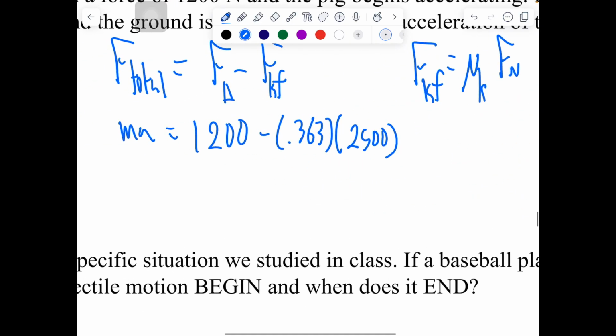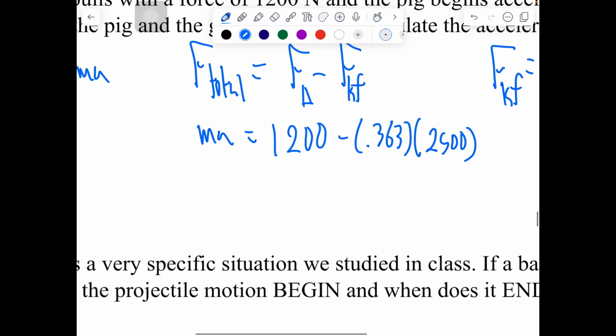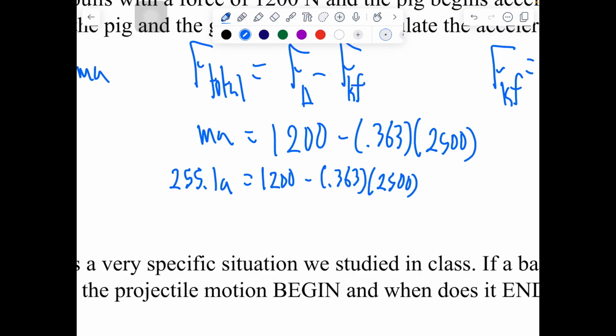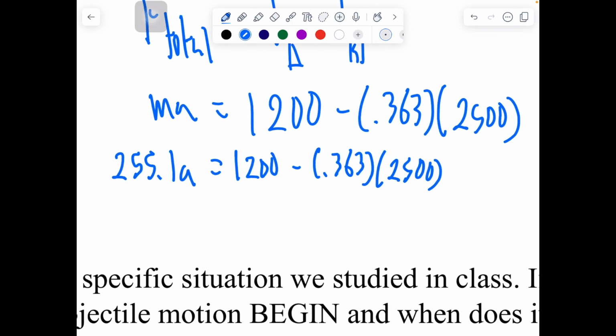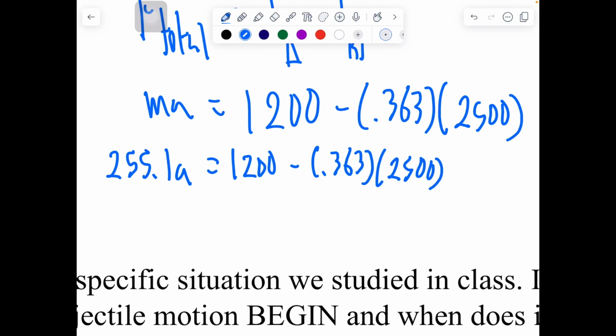Now that we have all this, plug in our mass. 255.1 acceleration equals our 1,200 minus 0.363 times 2,500. If we go through, do our math, 0.363 times 2,500 gives 907.5.